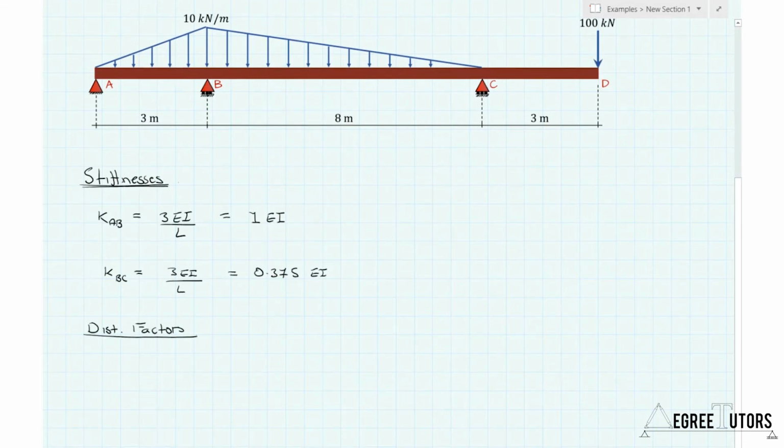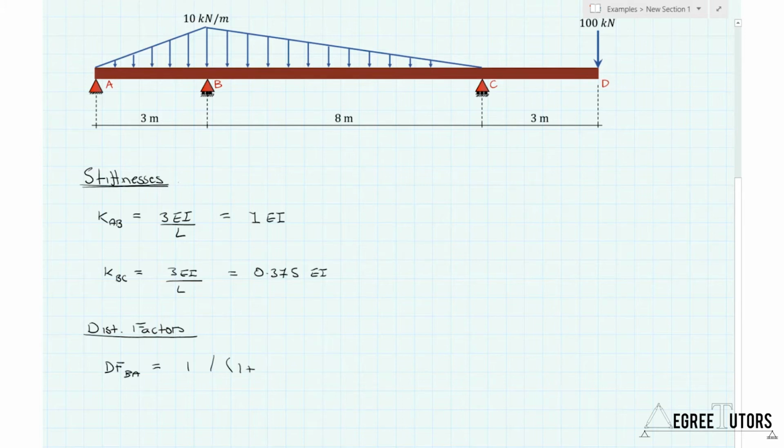What we're doing here is we're looking at each joint where there are multiple members, more than one, coming in and meeting at that joint. So the first one of those we meet is joint B. So let's look at a distribution factor for BA. The distribution factor for BA is simply the stiffness of member BA, which is going to be 1, divided by the sum of the stiffnesses of the members that meet at that joint.